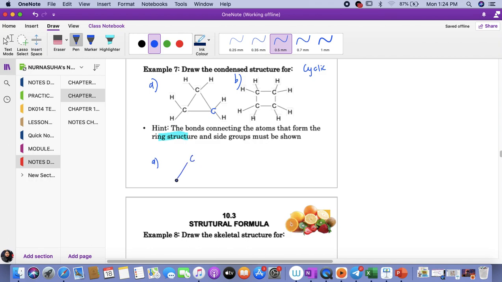So, untuk condensed structure dia, awak kena lukis juga bentuk segitiga tu. Sebab kalau awak tulis CH2, CH2, CH2, nanti dia akan jadi macam straight, sedangkan compound awak ini berbentuk segitiga. So, lukis carbon as it is, cuma awak akan sembunyikan ikatan antara carbon and hydrogen. So, it will become like this.